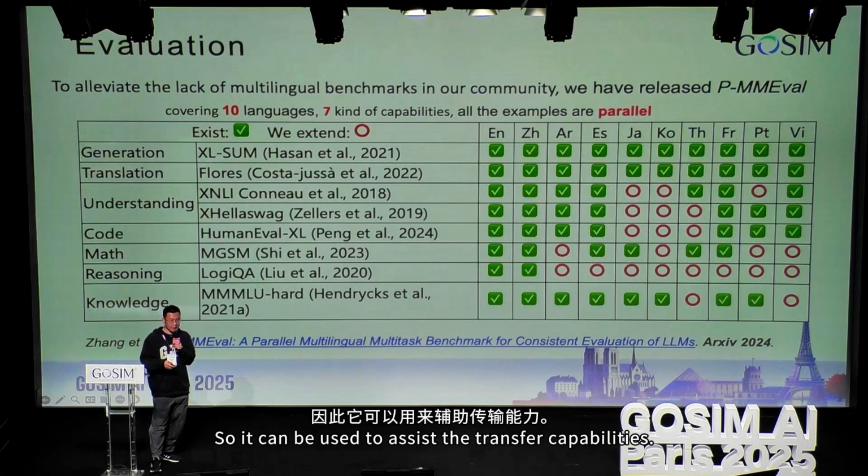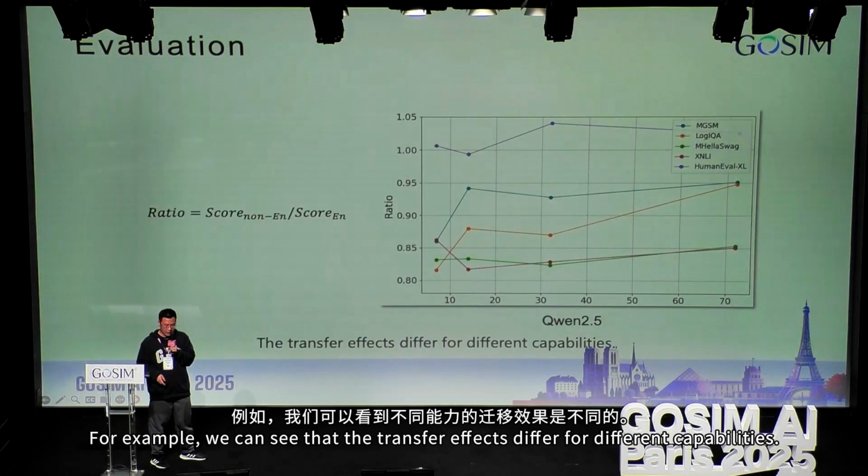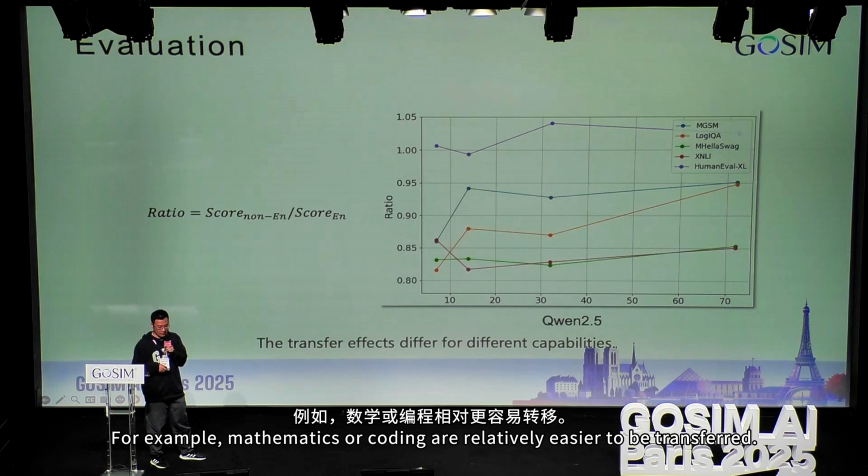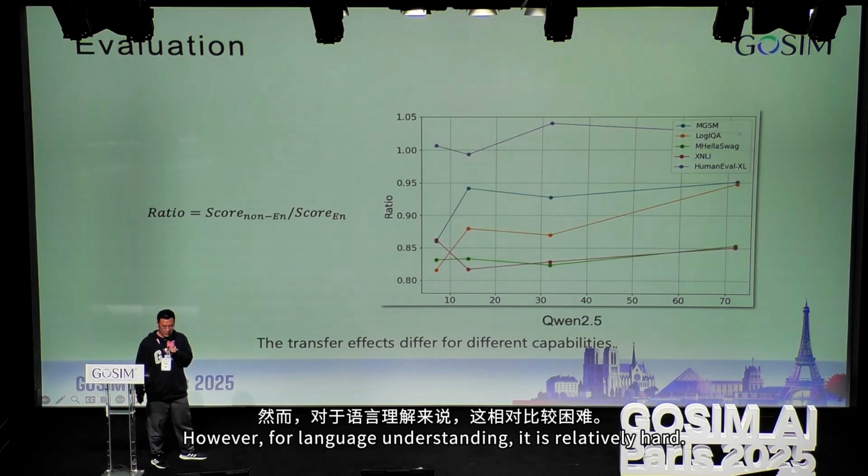So it can be used to assess transfer capabilities. For example, we can see that the transfer effects differ for different capabilities. Mathematics or coding are relatively easier to transfer. However, language understanding is relatively hard.